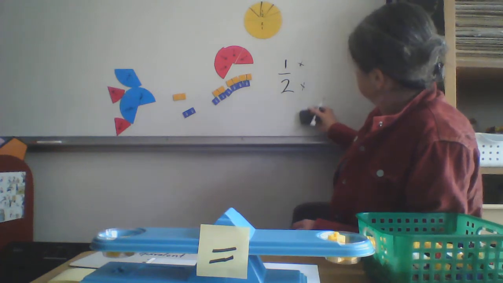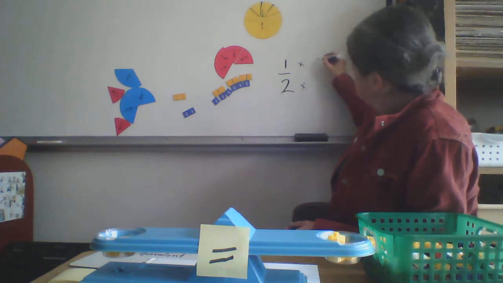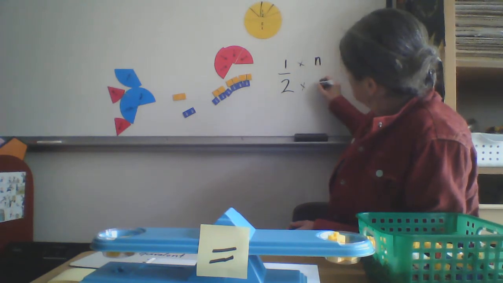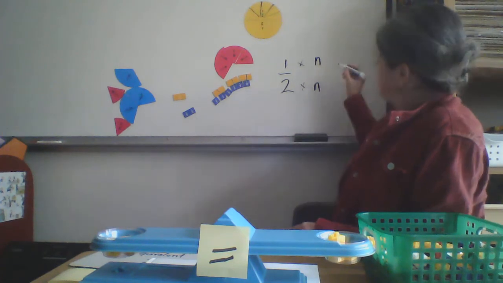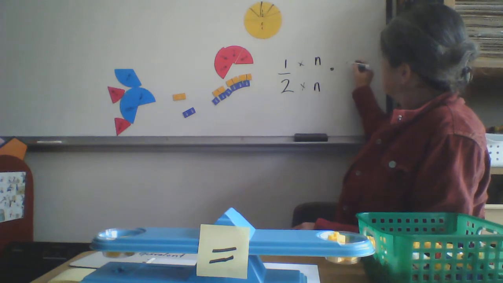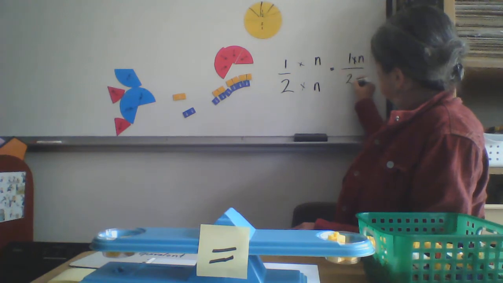They like to give it to you as a letter. 1 times, let's use n for Nico. 1 times n. 2 times n. It doesn't matter what that number is. It is going to give me an equivalent fraction. Right? I can absolutely do that.